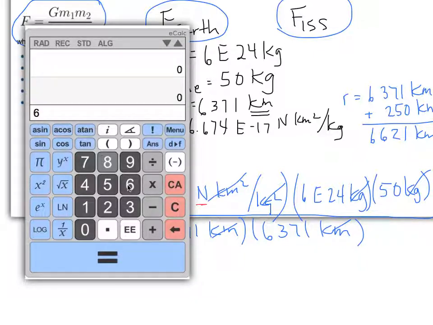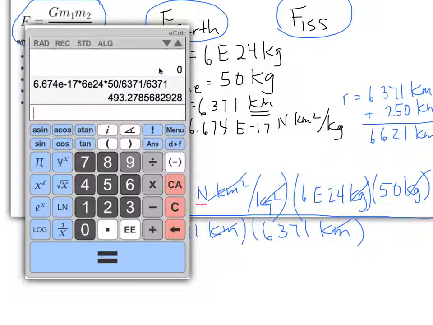We take out our calculator: 6.674 E negative 17 this time, make sure you use the right value, times 6e24 times 50 divided by 6371 divided by 6371 equals, now the force is 493 and change.